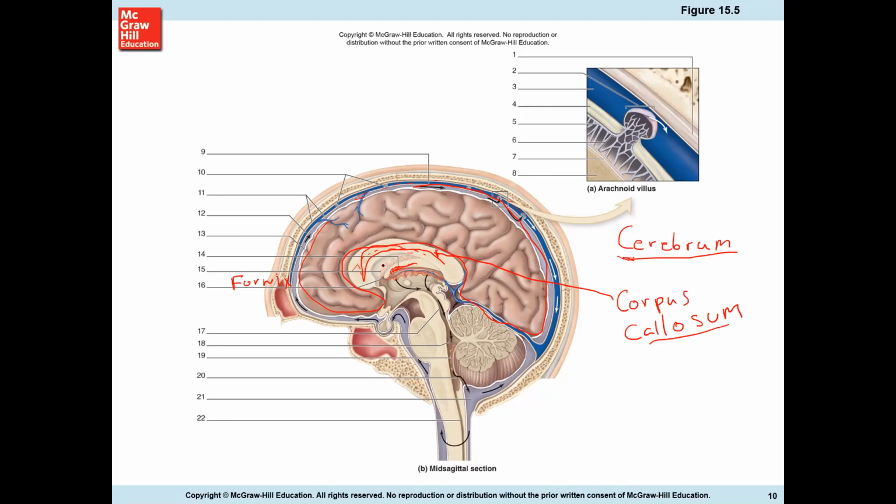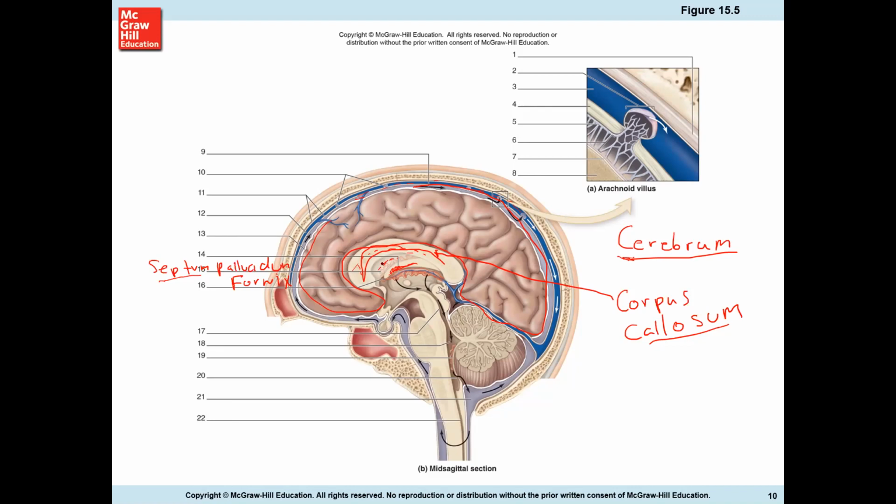Now this area right here, between the fornix and the corpus callosum is actually a membrane that separates the 2 ventricles. And that's called the septum pellucidum. So anything that's a septum is separating 2 compartments. So in this case, the septum pellucidum is separating the right and left ventricle where the CSF is.